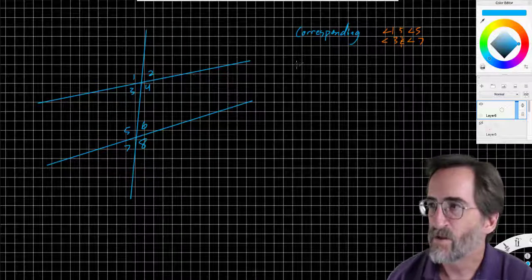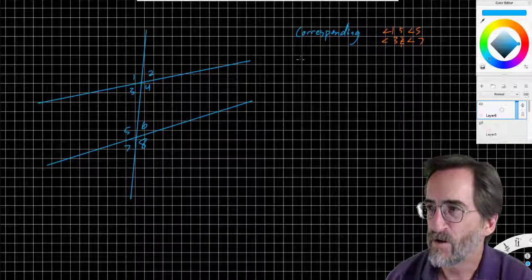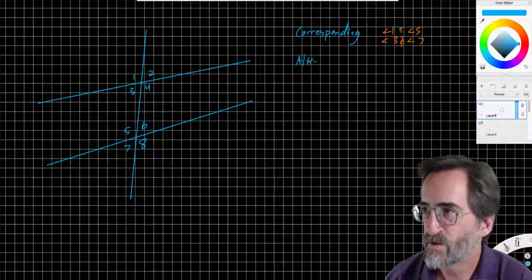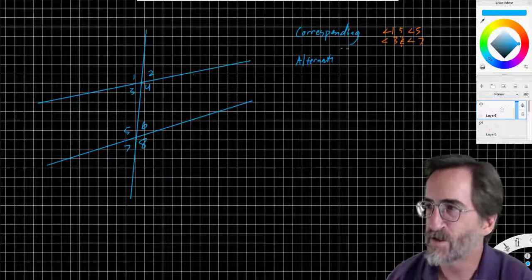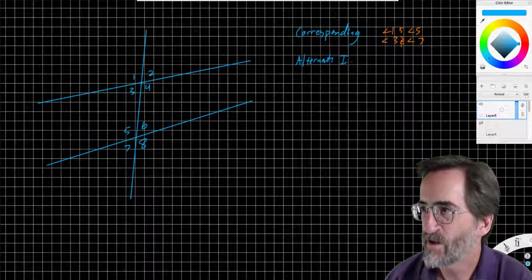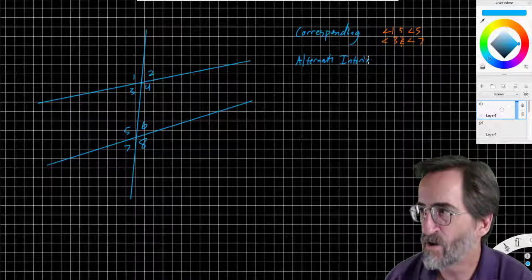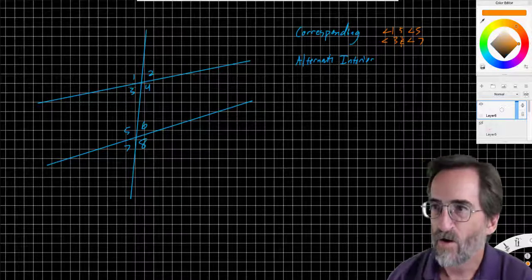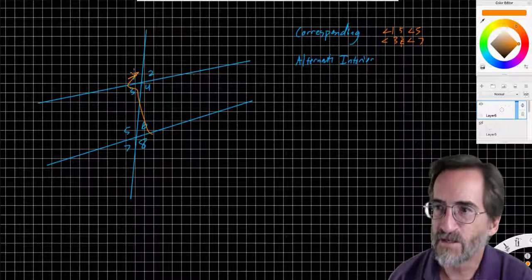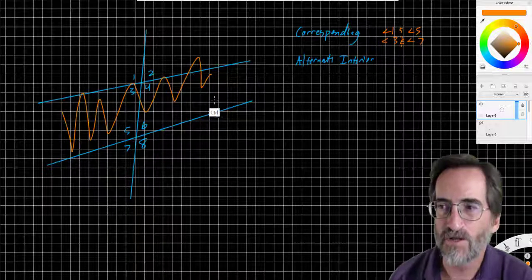Then there are alternate interior angles. Alternate angles are on opposite sides of the transversal. Interior are inside. So they are alternate, on opposite sides, they cross over. And interior, they're between the two crossed lines.